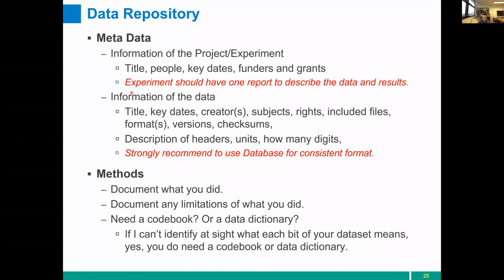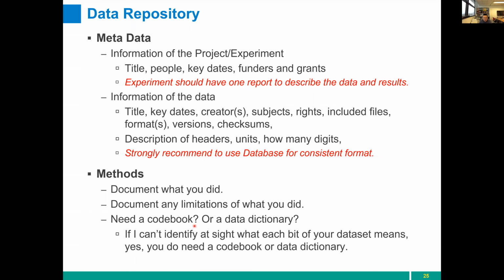But the key thing I want to emphasize is, once you save the data, we are talking about the metadata. In terms of the methods, how you can save the data, what kind of methods? Now, it's about the documents, document means record, okay? Document what you did. Document any limitations of what you did.